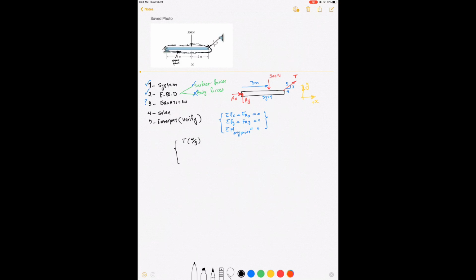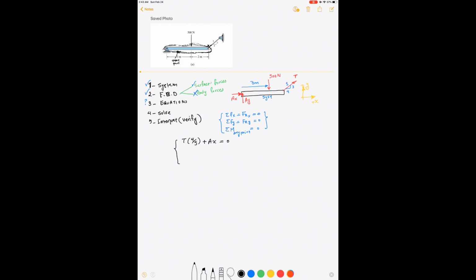Now the next thing is 500 Newton, but that's in the y direction. It has nothing to contribute to the x direction. Now the next thing is Ax, so I say plus Ax, and Ay is in the y, so I'm pretty much done here, equal to 0. That's the first equation, right?